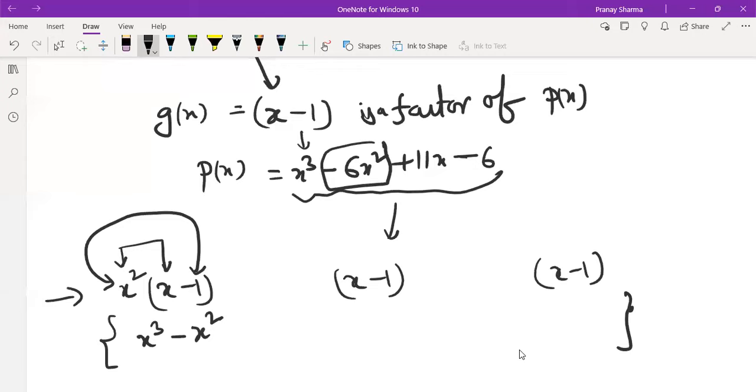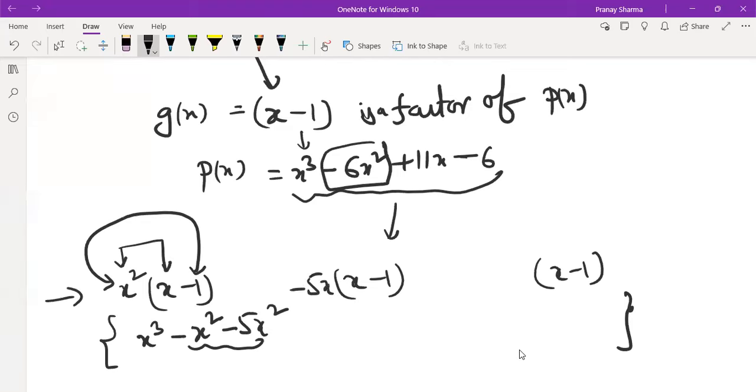We should jump to this part, right? Minus 6x square is something that we need. We already have minus x square. That means minus 5x square is something that we need to add here because these are like terms. Then we'll be getting minus 6x square. Are you people with me on this? That means you need to ask yourself by what number or term I should be multiplying it so as to have minus 5x square, right?